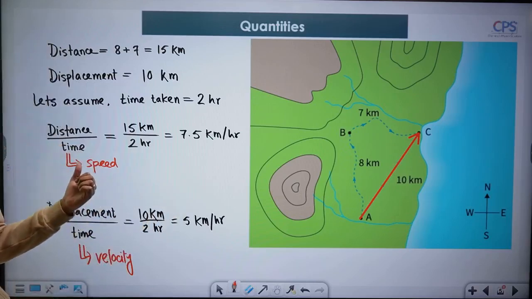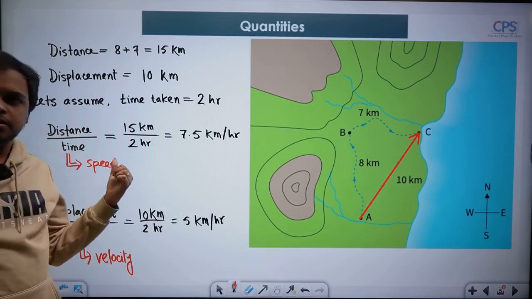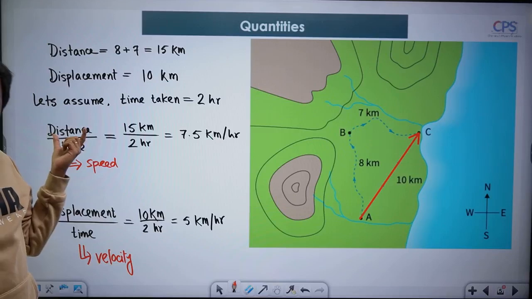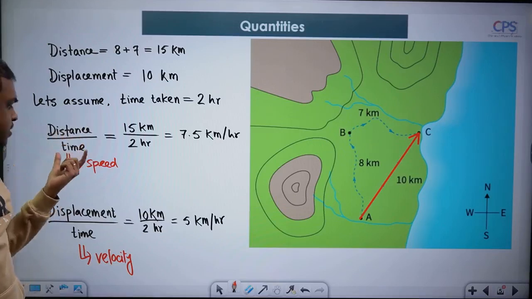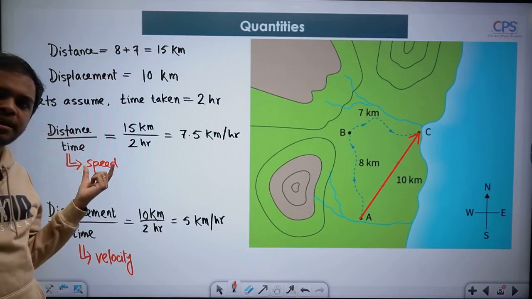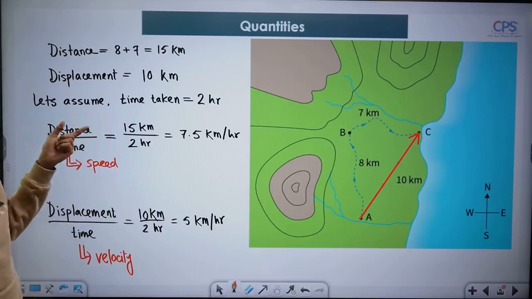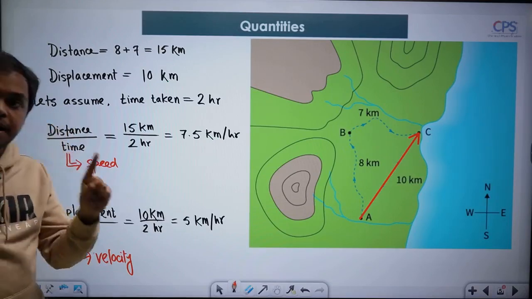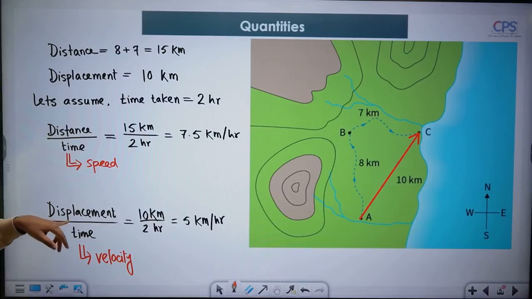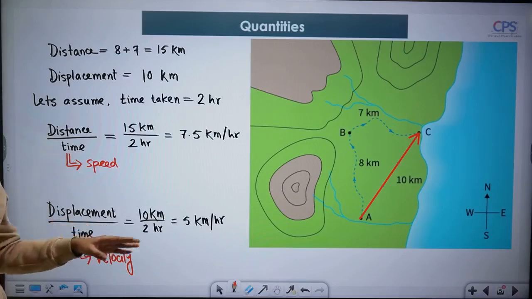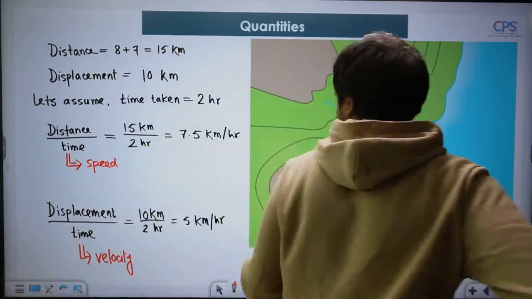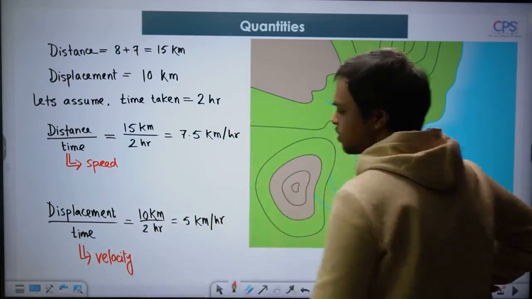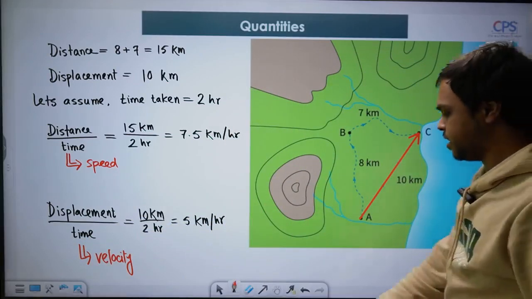See, distance doesn't have any definite direction, that's why speed won't have any definite direction, because direction is nowhere in this equation. But displacement has a definite direction. So velocity will have a definite direction here.